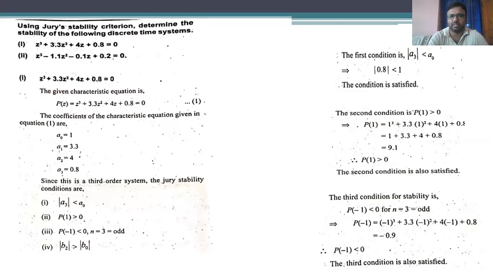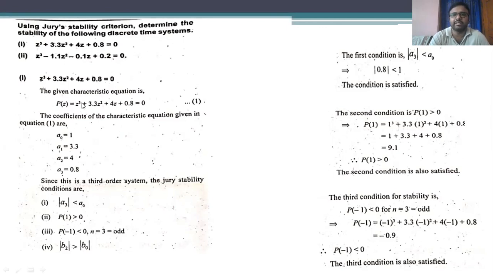In the problems we have solved so far, we have taken 0.8 as a naught, 4 as a1, 3.3 as a2, and a3 as 1.